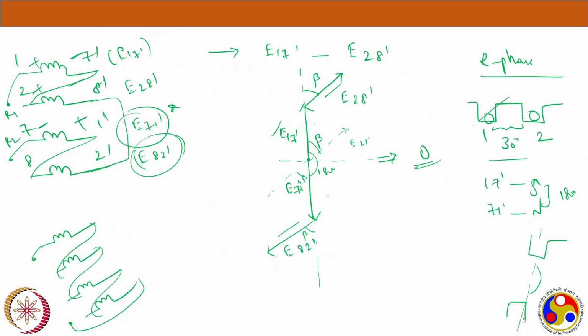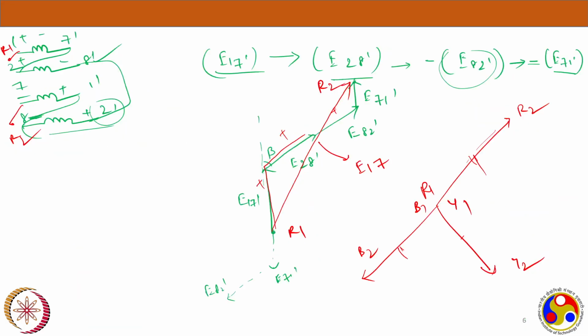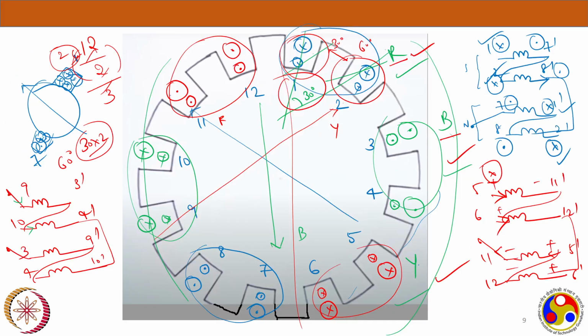Then we looked into the resultant phasors of each phase. Then we arrived at the complete winding diagram in a machine. So we looked at how the cross and dot coil groups are forming, resulting in poles, and for each pole how these phases are being spread across these poles.